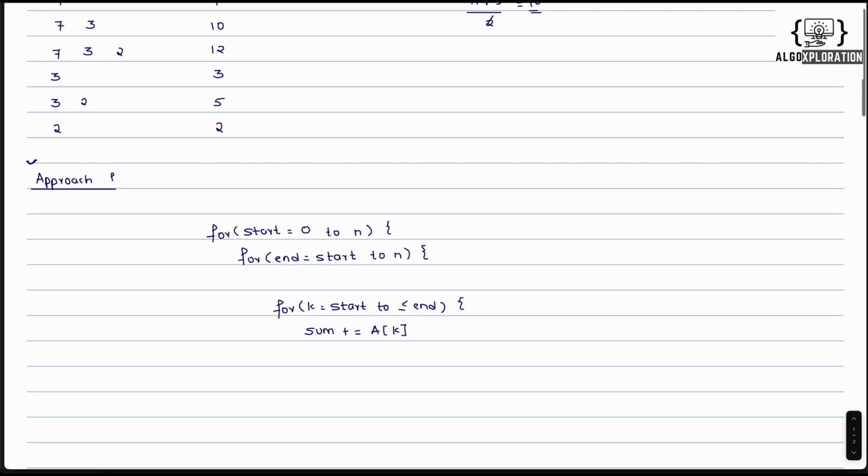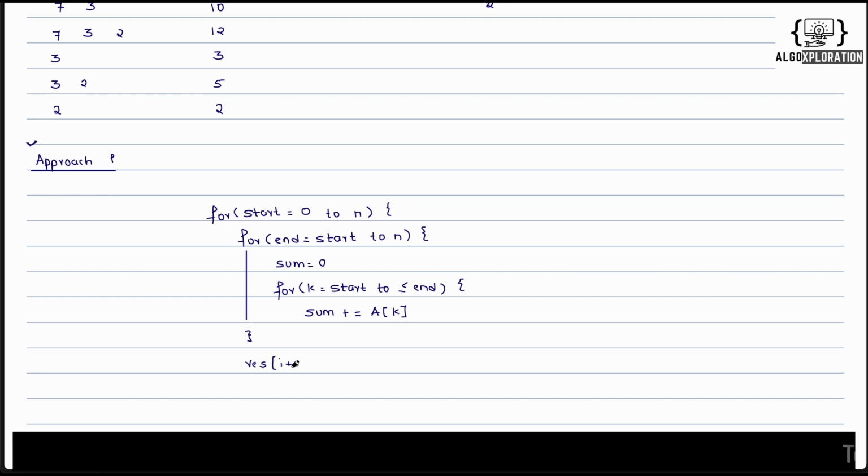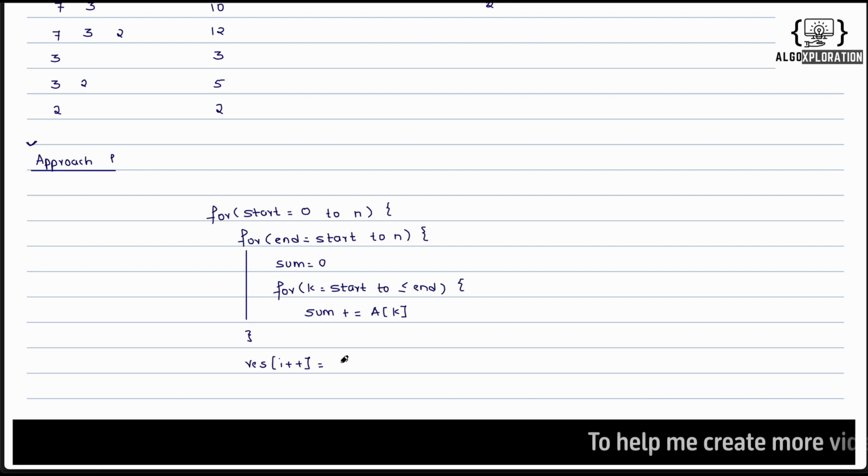So in the inner for loop, I'll always initialize the sum to 0. That's it. Now the sum should be stored in the resultant variable. So resultant of i plus plus is equal to sum.